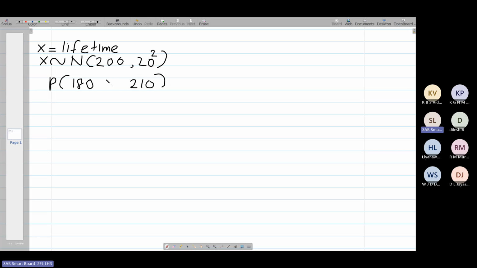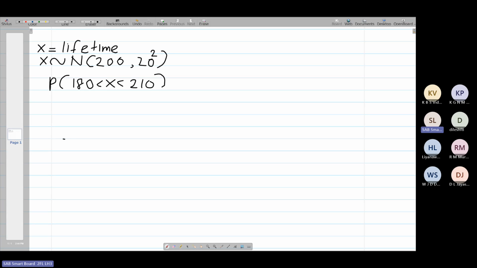We write here X in between 180 and 210. It means X is greater than 180 and less than 210. Here in the exam you cannot write it this way.